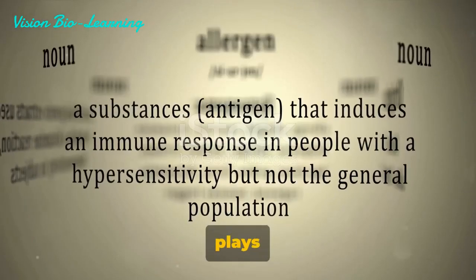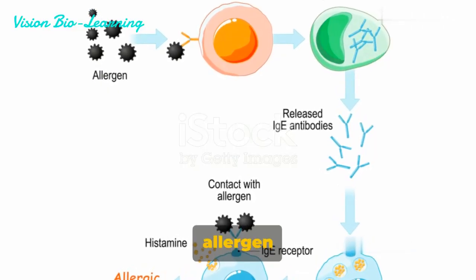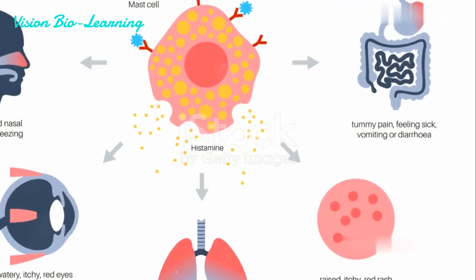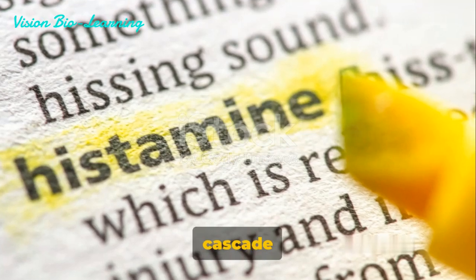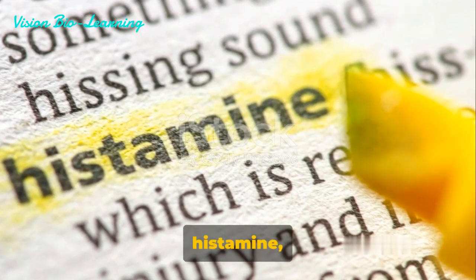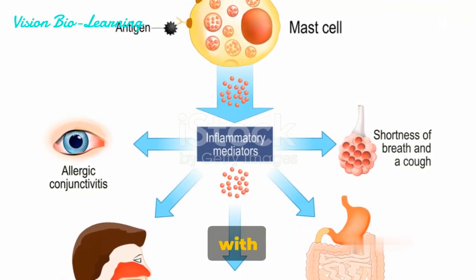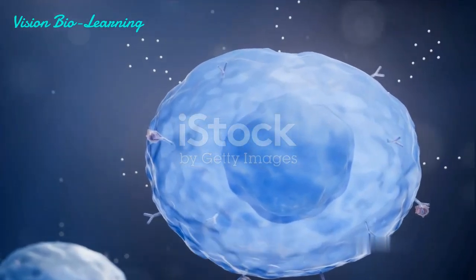This IgE plays a key role in allergic reactions. It binds to the allergen and also to a type of immune cell called a mast cell. This binding stimulates the mast cell to release a cascade of chemicals, including histamine, which are responsible for the symptoms we often associate with allergies, such as itching, redness, and swelling.